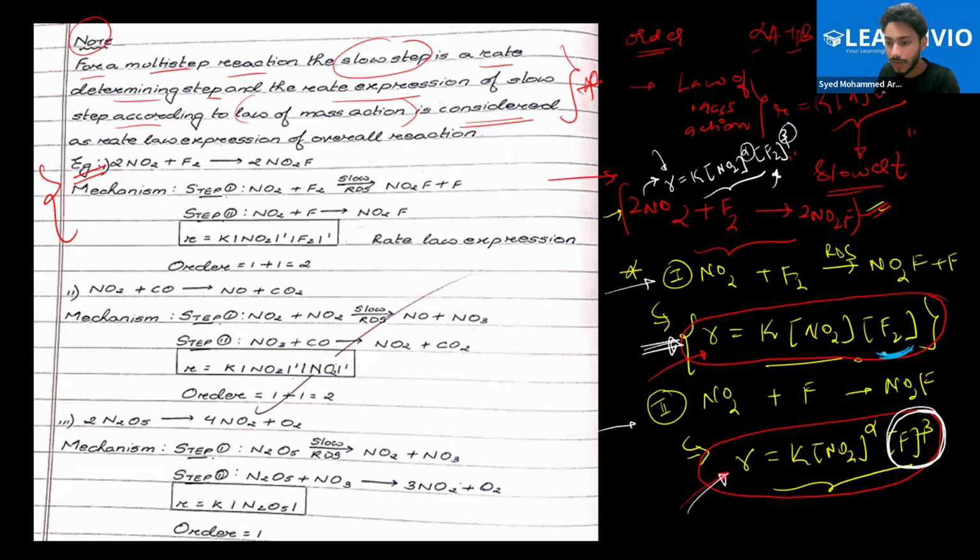I want to get the value of F2 here. Can I get the value of F2? Tell me, how can I get the value of F2? The question is how can I get the value of F2?